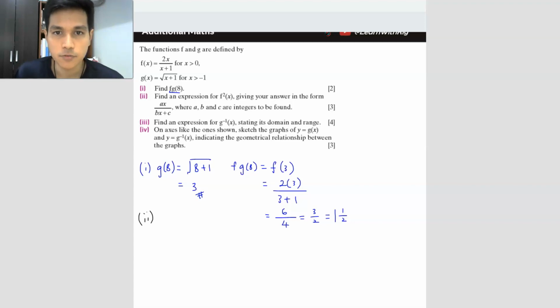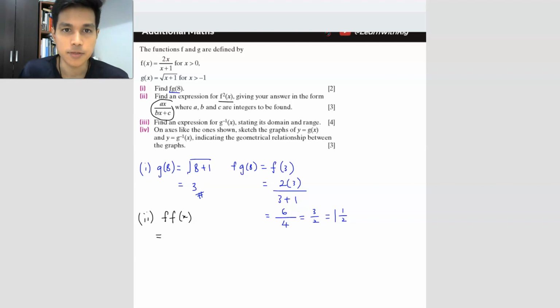Next question. Okay, second one. Find an expression for f square x, which is f double f, giving your answer in the form of this format. Based on this you can find a, b, c. So let's do that together.